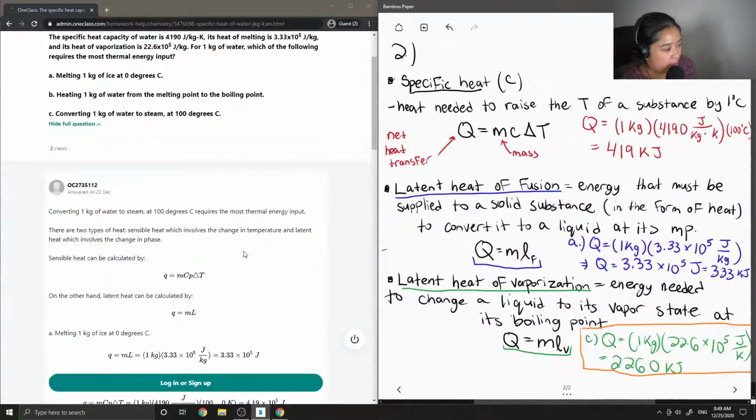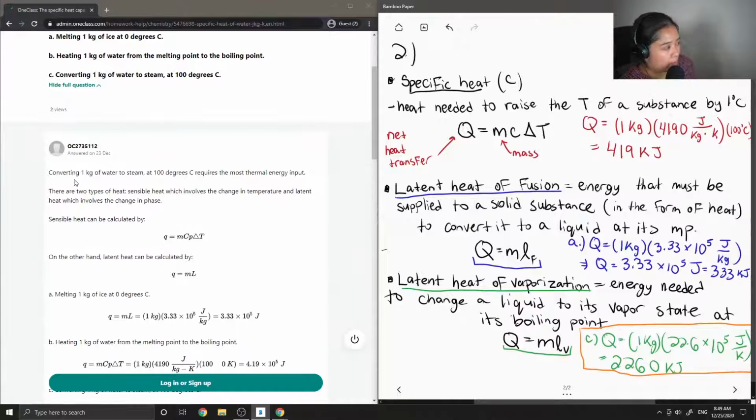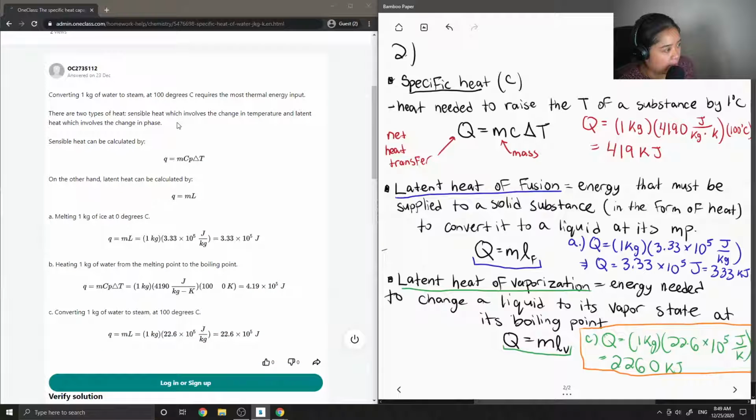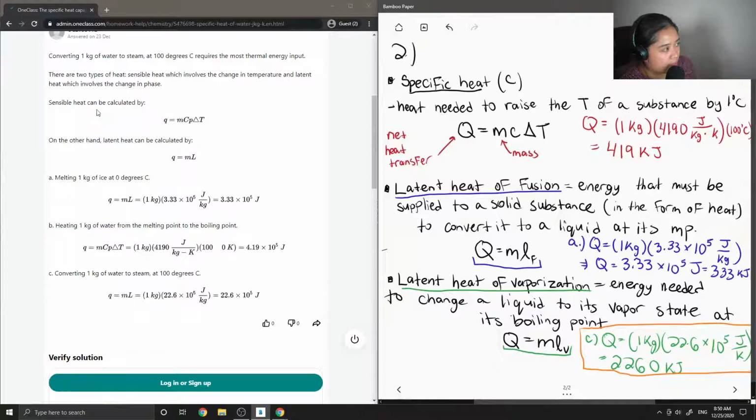Okay, so let's see what the junior tutor said. Converting 1 kilogram of water to steam at 100 degrees Celsius requires the most thermal energy input. There are two types of heat: sensible heat, which involves the change in temperature, and latent heat, which involves the change in phase. Sensible heat can be calculated by Q equals mc delta T, and on the other hand, latent heat can be calculated by Q equals mL.